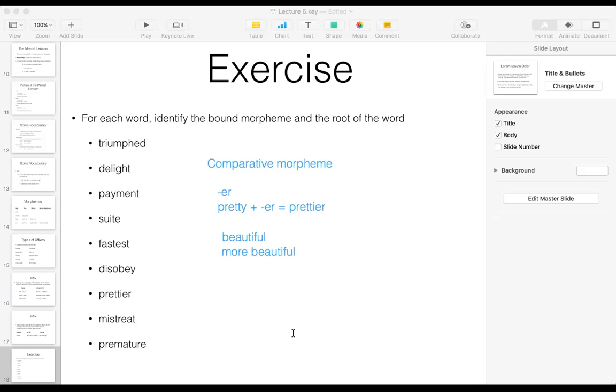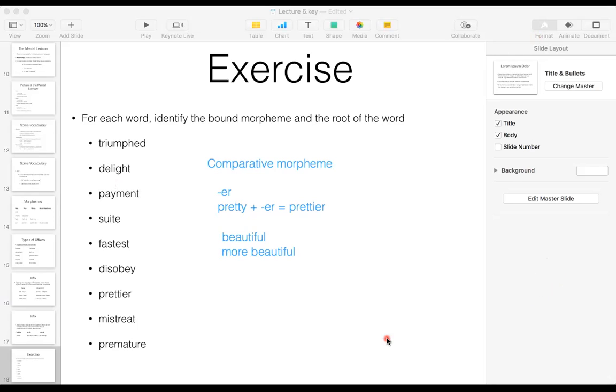So with triumph, we kind of know what to do with it: the root of the word is triumph and the bound morpheme is ed, right? So let's go on to the second one. What about delight? What's the bound morpheme and the root of the word? Or is there a bound morpheme? My first instinct is to say that D is the bound morpheme and light is the root word.